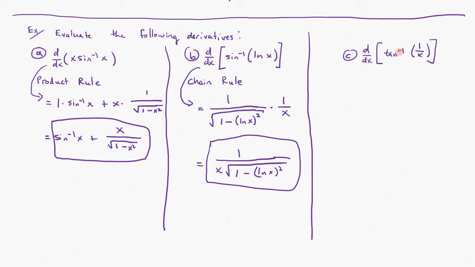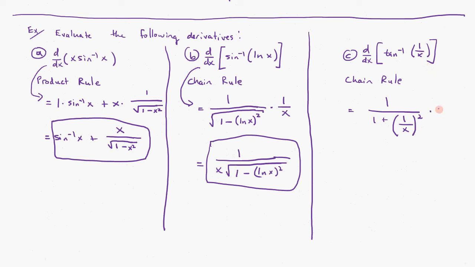Finally, in the last example, we have the inverse tangent of 1 over x. Again, it requires the chain rule. The derivative of the outside function, inverse tangent, is 1 over 1 plus x squared. But again, instead of x, because it's the chain rule, we leave this part blank and plug in the inside function, 1 over x, times the derivative of the inside function.